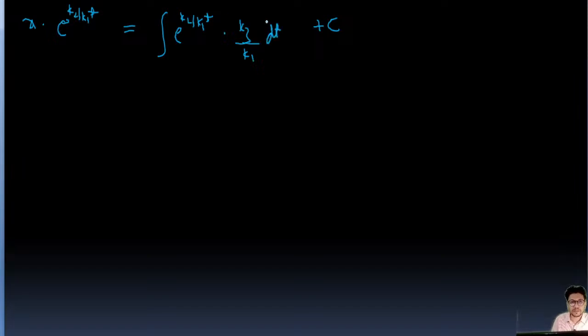First we'll solve this one. So x e to the power k2 upon k1 t equals k3 upon k1, and we'll integrate this, so it is going to be k1 upon k2.